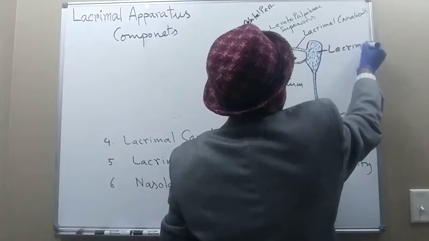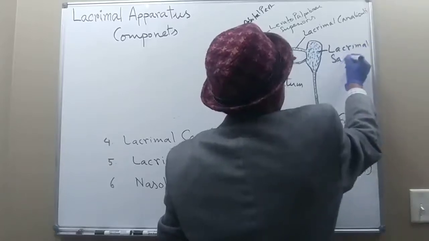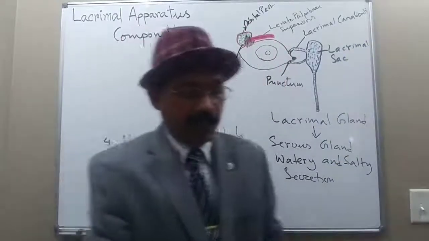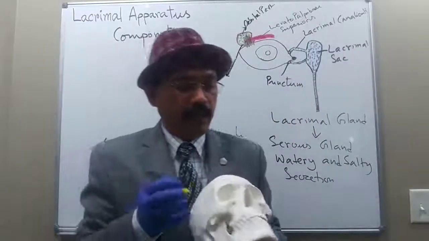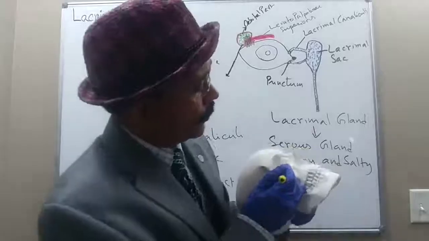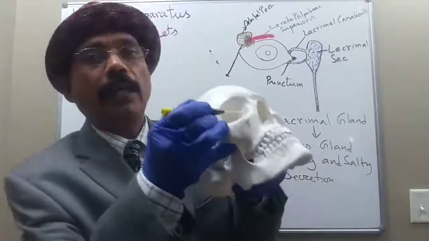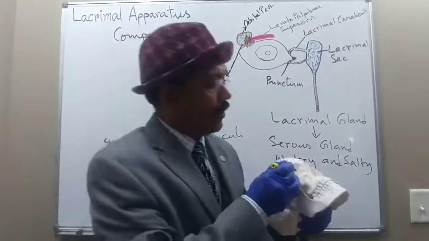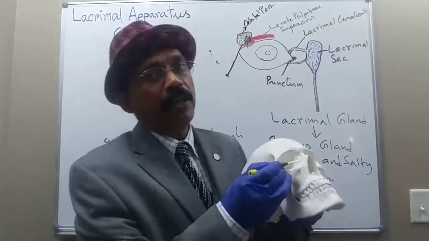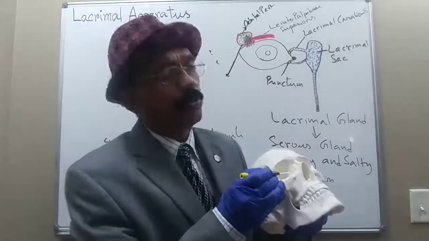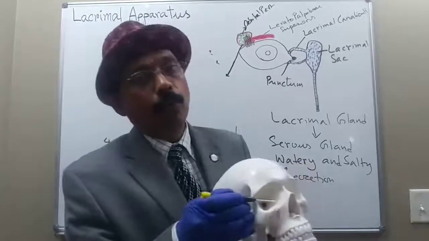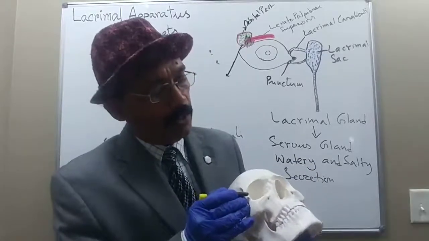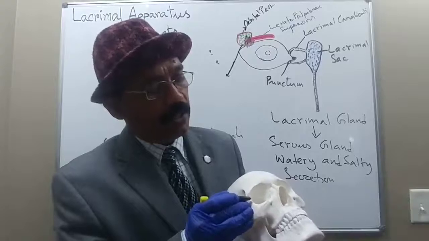Lacrimal sac. Where is our lacrimal sac? The lacrimal sac is present in the lacrimal fossa. Here is the lacrimal fossa. The lacrimal fossa is bounded by the anterior lacrimal crest and the posterior lacrimal crest.